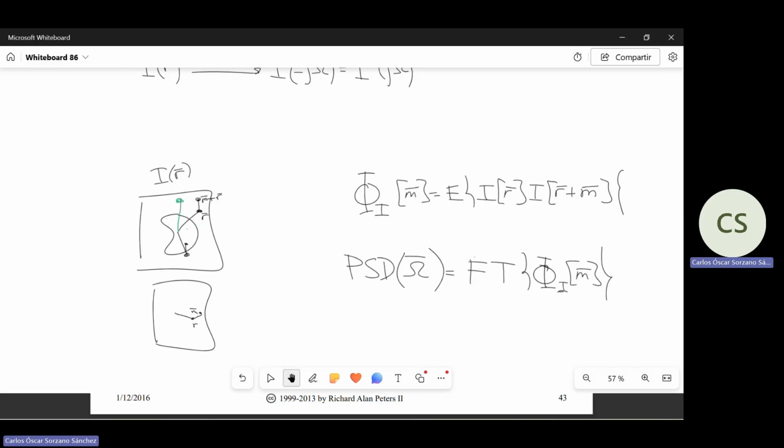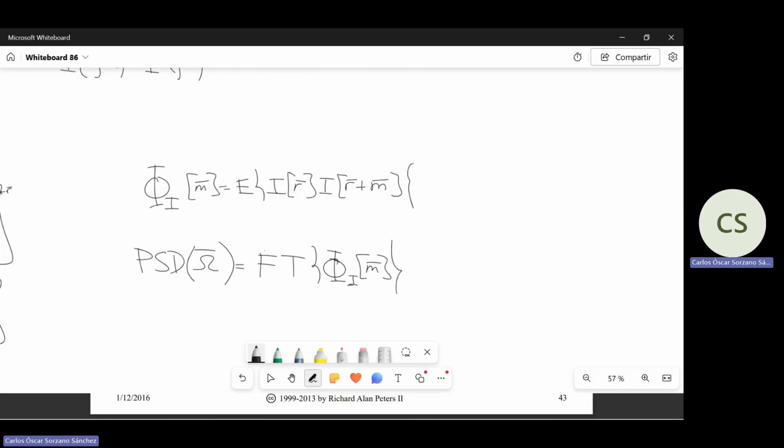And this is where it becomes restricted. If my image is deterministic, so there is no noise, then this is the Fourier transform of the image squared, but only if I is deterministic.